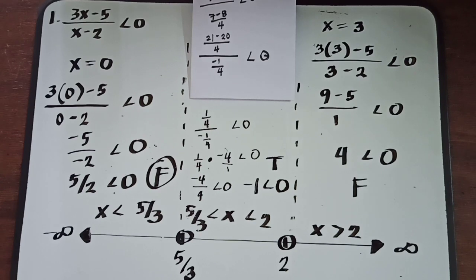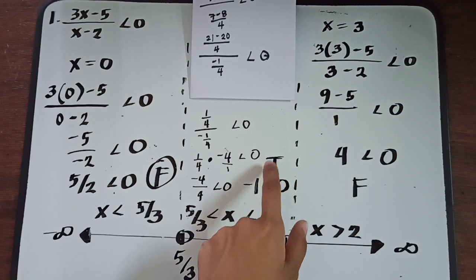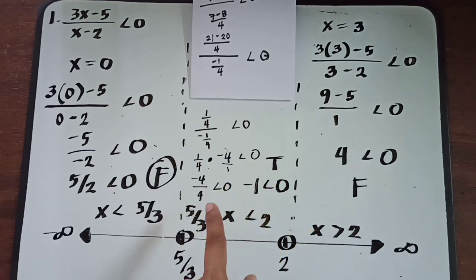So, among these three intervals, x is less than 5 over 3, nag-false po yung nakuha natin. X is greater than 5 over 3 but less than 2, true yung nakuha natin. Ibig sabihin, nag-satisfy kung ano man ang binigay nating value doon sa inequality.